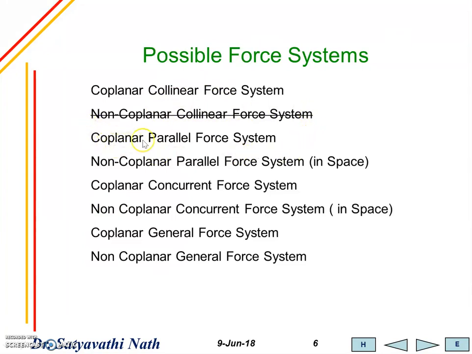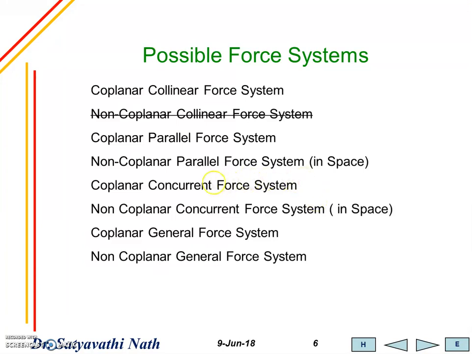But we can see coplanar parallel force system, in which all the forces may act in the same plane, but they can be parallel to each other. So coplanar parallel force system is possible. Non-coplanar parallel force system is also possible. They may be in different planes, but they are parallel to each other. So they can be called as non-coplanar parallel force system.